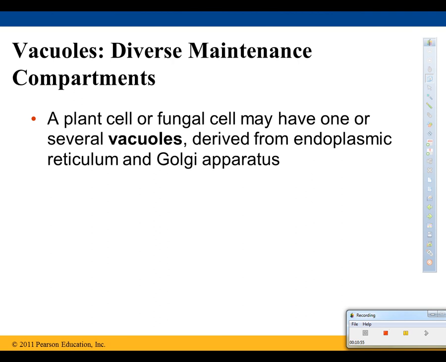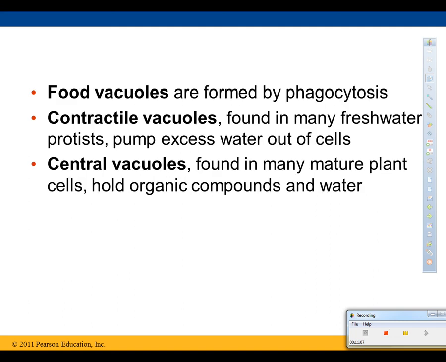Vacuoles, again, an endomembrane. A plant cell or fungal cell may have several of these, and these are derived from the endoplasmic reticulum and the Golgi apparatus. There are food vacuoles, contractile vacuoles. One particular organism that has a contractile vacuole was the paramecium that we looked at your freshman year. That's the one that has cilia, kind of looks like a foot.